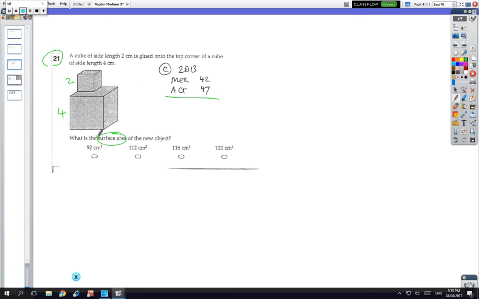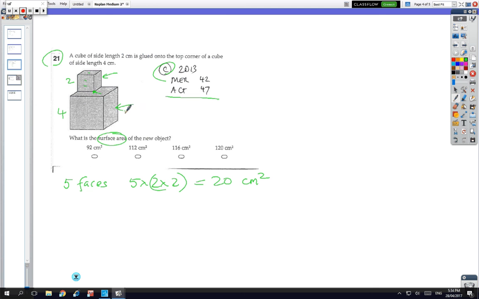Okay, so we're back. So this cube here, there are 5 faces that we can see because the bottom face is hidden. Each of the faces is a square. So 2 by 2 is 4, times 5 is 20. It's calculator, so you can do that on your calculator. So what we've got is 5 faces of the top.